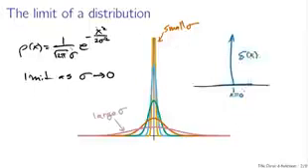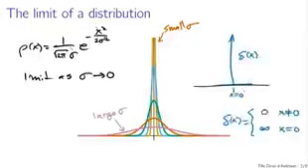You often see delta functions written, in terms of more conventional function notation, as delta of x is equal to 0 for x not equal to 0 and infinity for x equals 0. But this isn't a sufficiently accurate description, because it doesn't tell you this property that the delta function is the limit of a distribution. It has a specified integral.